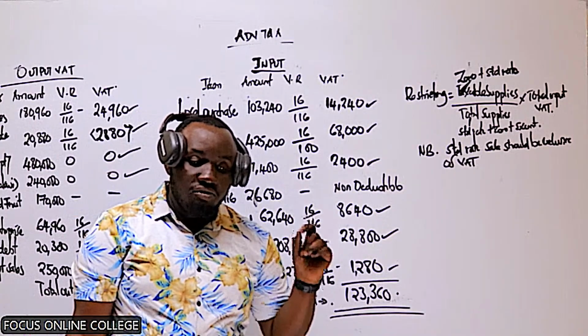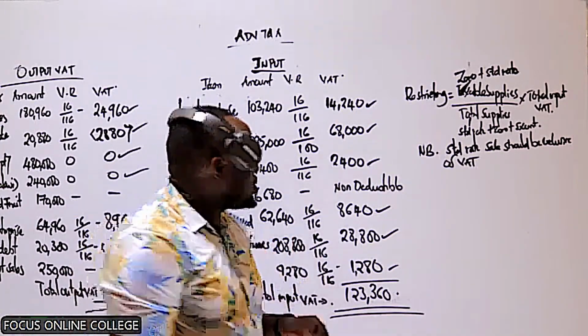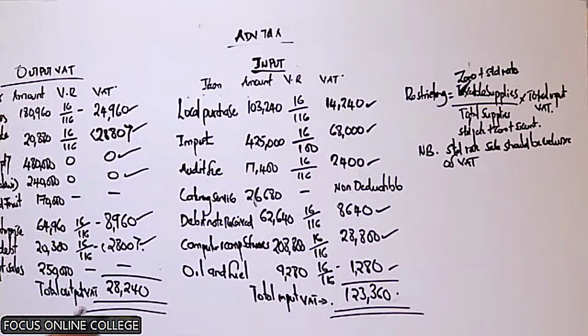Is it exclusive of VAT? No. So where are the standard rate sales? Local sales, this is standard rate at 16. Another standard rate sales we have here, standard rate altogether. So it's affected by credit note and it's affected by bad debt.